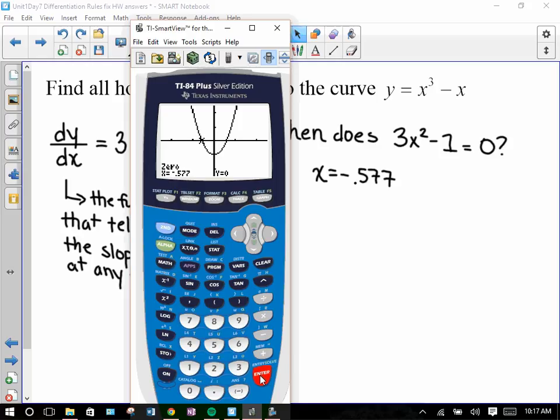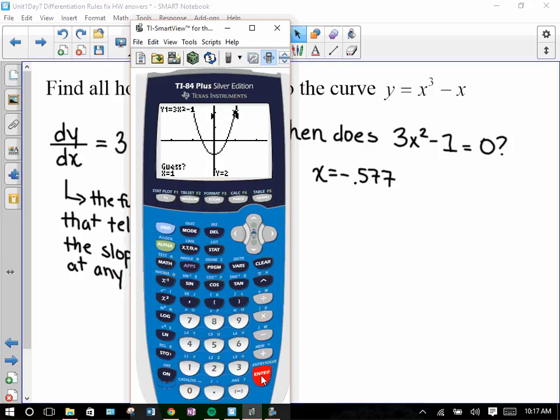It also equals 0 over here, so I have to find that zero. I hit second trace and then 2. It says left bound, right? Well, is 0 to the left of this point? Yes, so I'm going to hit 0. Right bound: is 1 to the right of that point? Yes.